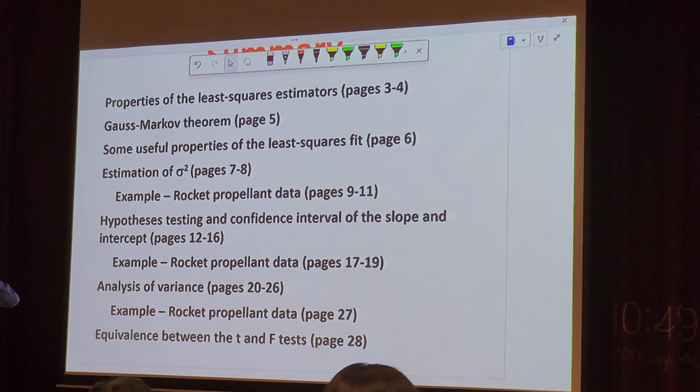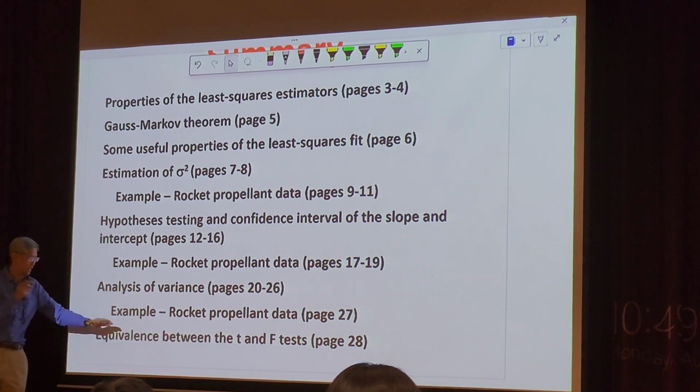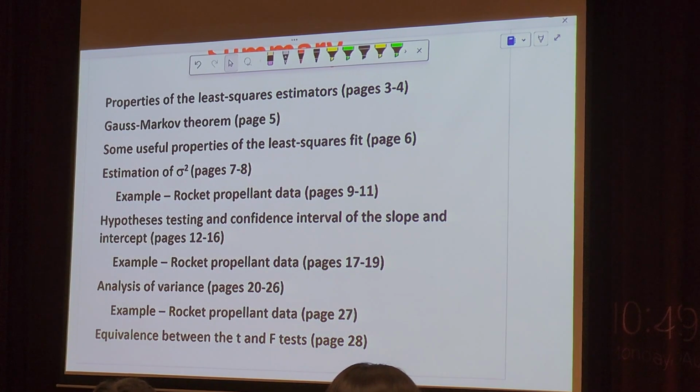The other part is the sum of square due to regression. If the sum of square of residue is small, it indicates that this variation in Y can be explained by the linear regression model. If the sum of square of residue is large, that means this variation in Y cannot be explained, or very little of it can be explained, by the regression model. So that's one. And then I show that there is an equivalent. So let's take a 5 minute break, and then we continue.